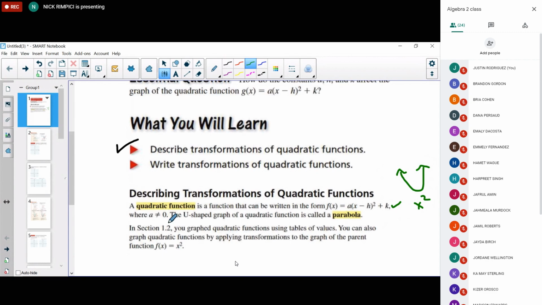In section 1.2, which is like the beginning of the year, you graph quadratic functions using tables of values. You could also graph quadratic functions by applying transformations to the graph of the parent function x squared. So that's my parent, and by doing transformations, I can move the parabola around the coordinate plane.